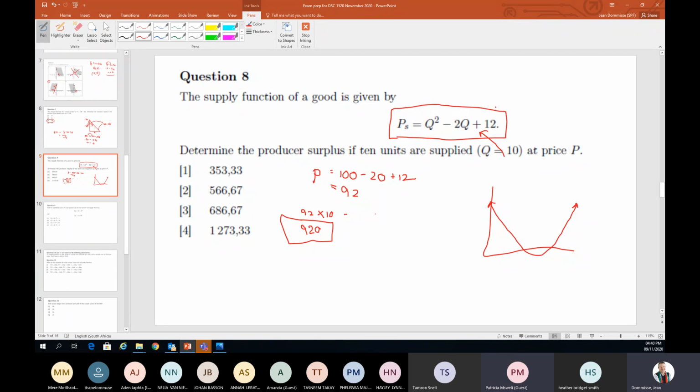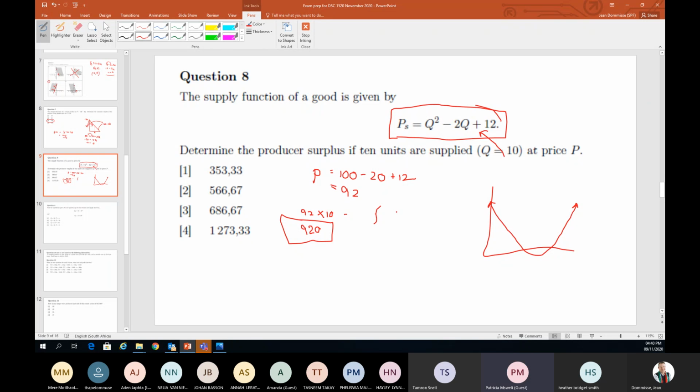Okay, so if we differentiate this, is it differentiation of this or integration of this? What I did was I did that funny S, that big S, with a 10 at the top and a 0 at the bottom, and I said Q squared minus 2Q plus 12.